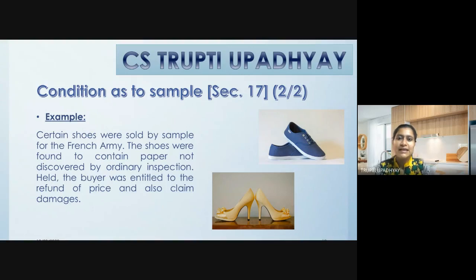So obviously, during the ordinary inspection, it was not found that the goods contained paper instead of leather or rubber or other material required to make shoes. Therefore, it is a case of fraud here. It was held that the buyer is entitled to a refund of the price, and can also claim damages from the seller.